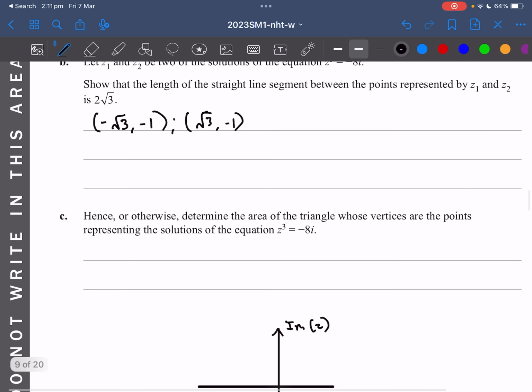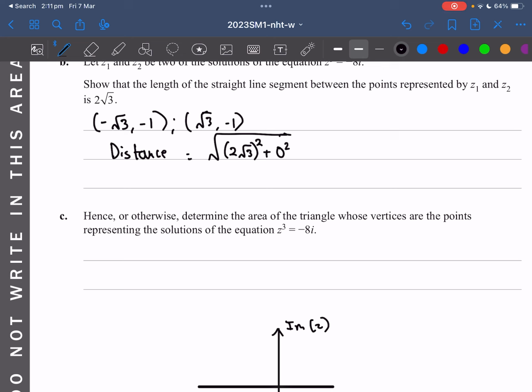The distance is going to be the square root of 2 root 3 squared plus 0 squared, and that is going to be 2 root 3.